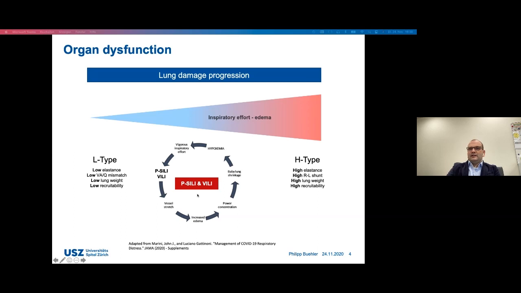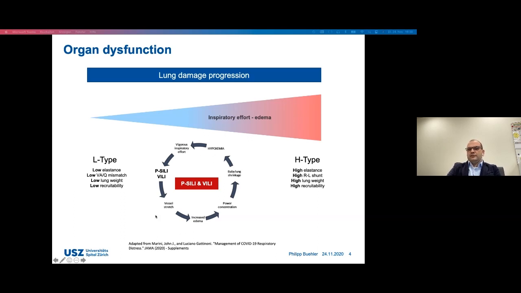As a result, the vessel stretch increases and leads to increased edema, which leads to more concentration of the lung and makes the baby lung shrink, worsening the hypoxemia, and the cycle is closed.